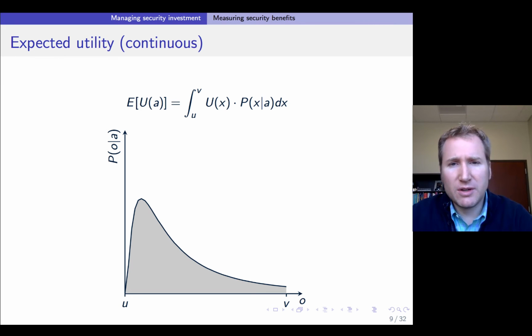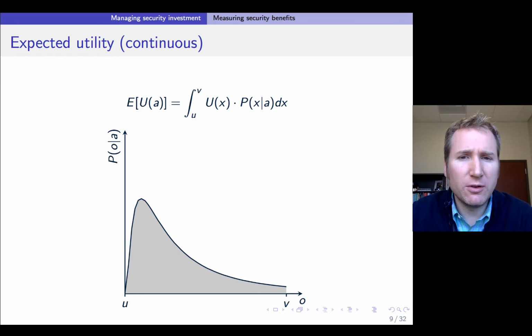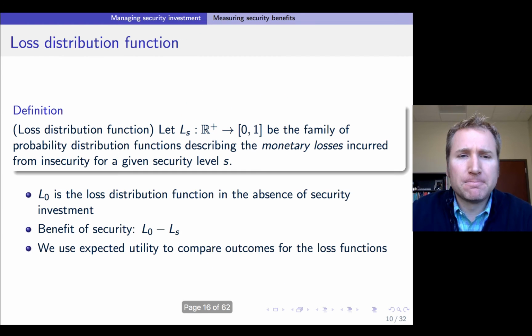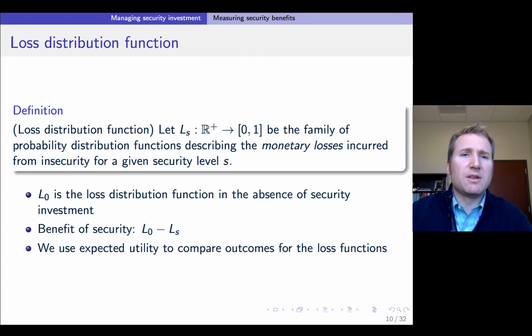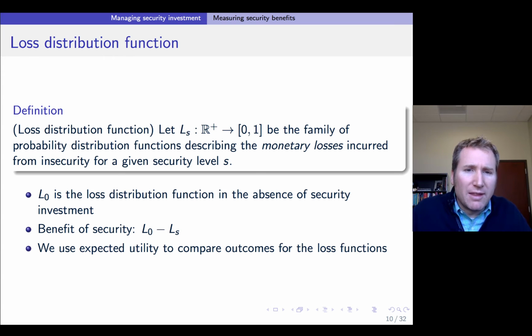And all you've really done is replace your summation with an integral. And that allows us to then define what a loss distribution function is. A loss distribution function is just a function that maps from positive real numbers onto a probability between 0 and 1. So the function is mapping a loss amount to the probability that that loss is going to occur.